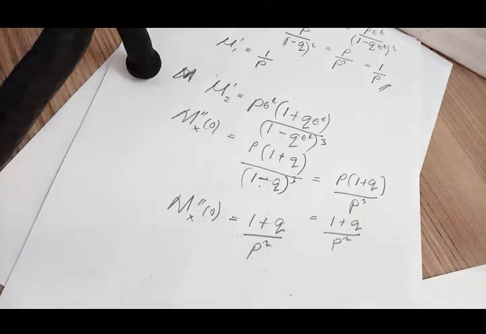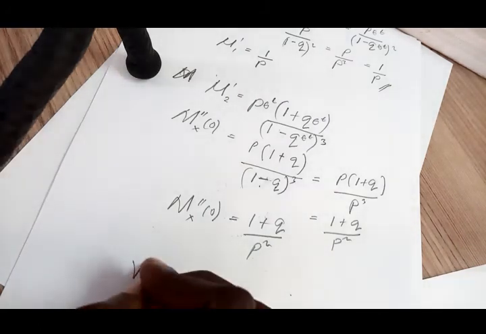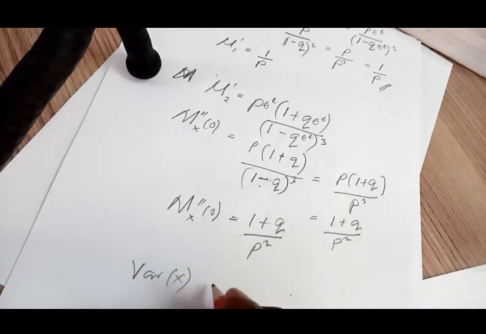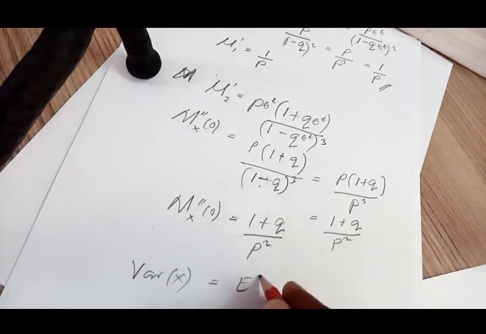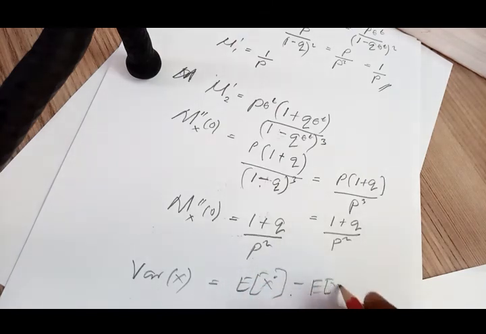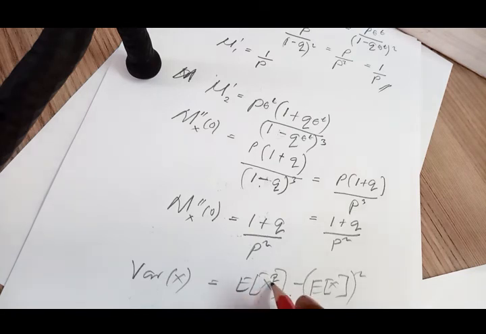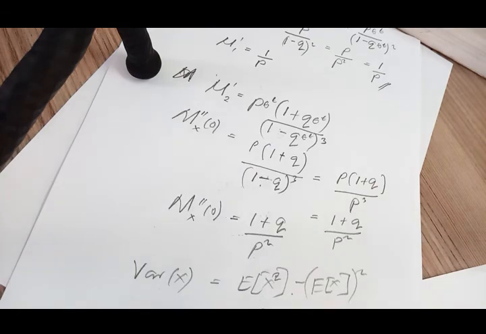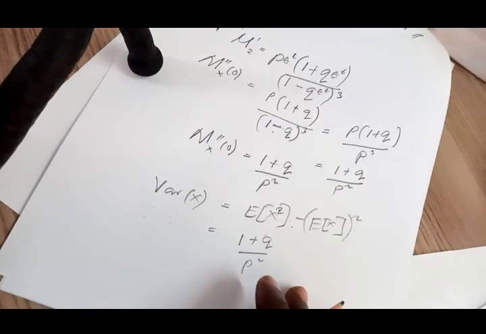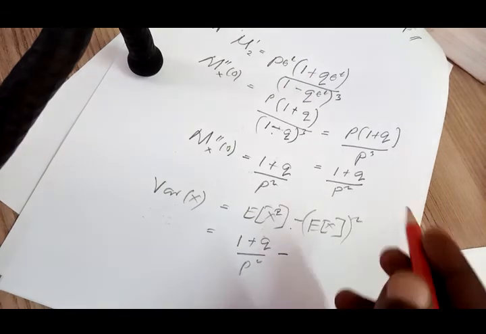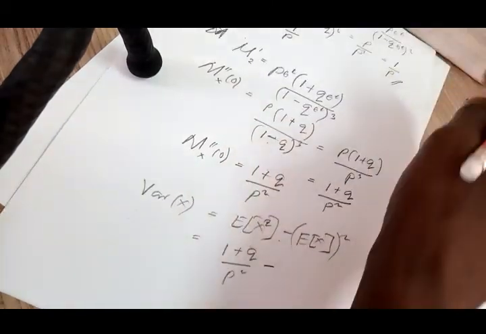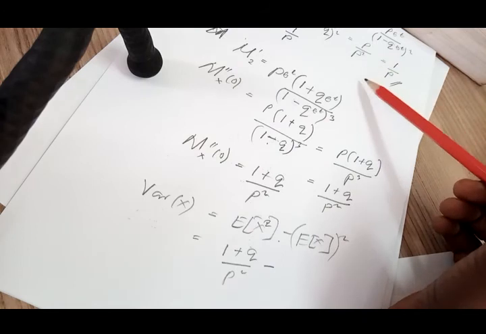Now, if you are looking for variance, the variance is always given as the expectation of x squared minus the expectation of x, squared. Now this first part is the second moment, so we have 1 plus q over p squared, minus the first moment we found, which is 1 over p.